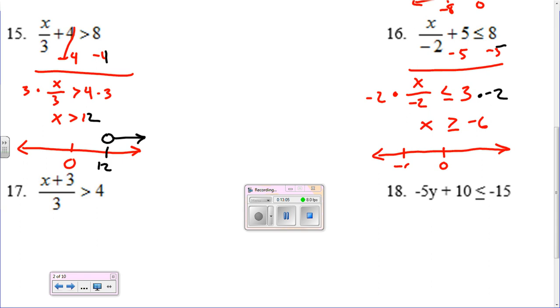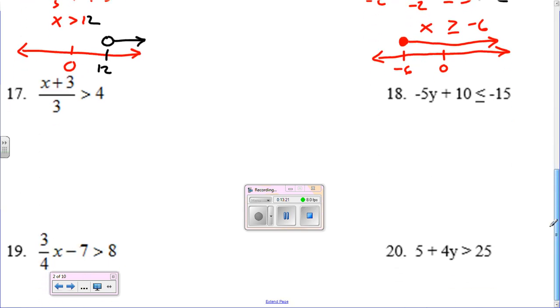Got 0, negative 6. Closed circle because of the equal sign. And it's greater than, so it's all numbers greater than negative 6. Number 17. Let's scroll down some more. Start by multiplying by 3 on both sides because it's all of this divided by 3, so you have to get rid of that 3 first.